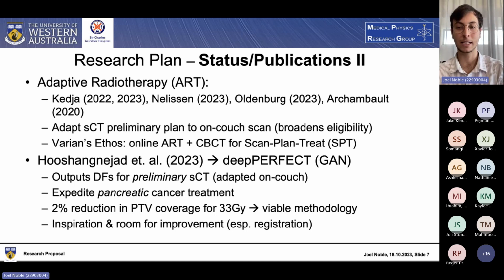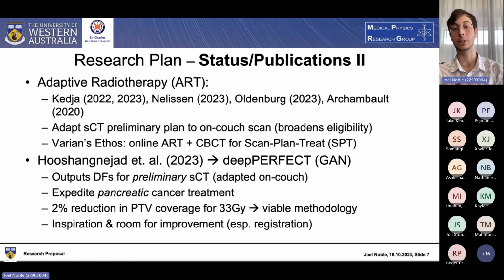Now, a very similar study to what I've been discussing here was by Hushan-Yajad et al. in 2023, and they developed the generative adversarial network Deep Perfects, and that has done essentially what I described in methods about outputting deformation fields, but it was done for a preliminary synthetic CT, which was then adapted on the couch.